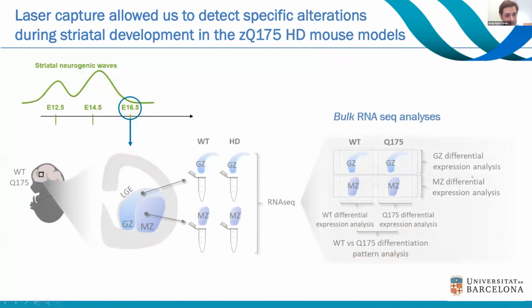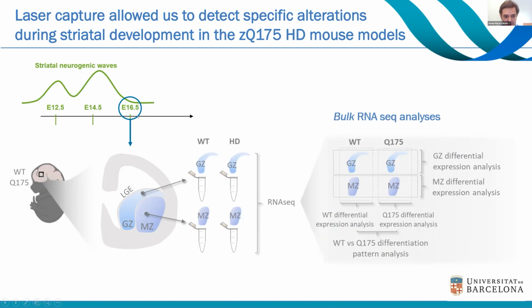So in our laboratory, we have focused on the study of the molecular changes, comparing wild type and one model of Huntington disease, that is the zQ175. And we have performed bulk RNA-seq at E16, just when the two waves of neurogenesis finish.